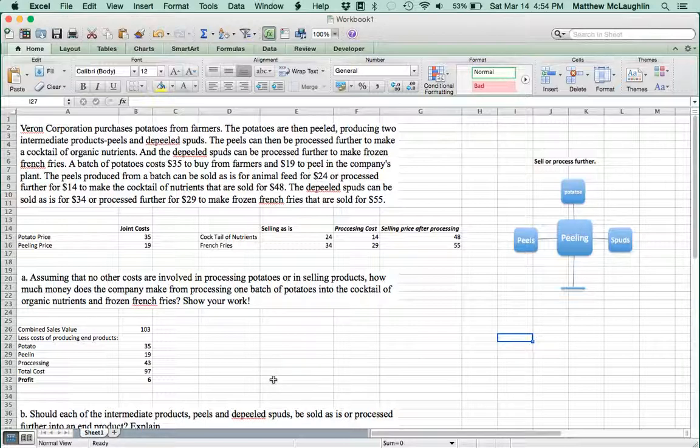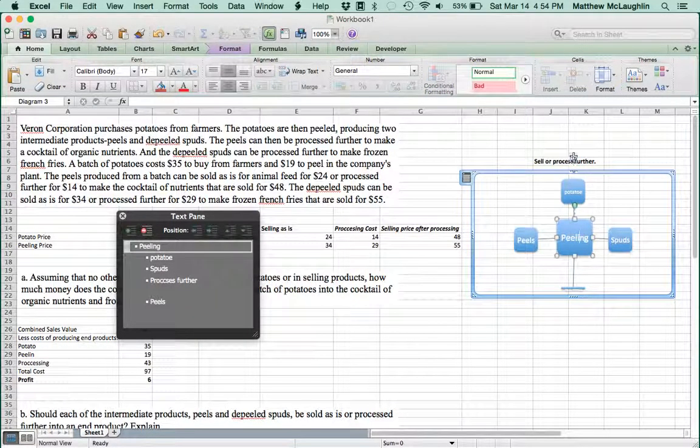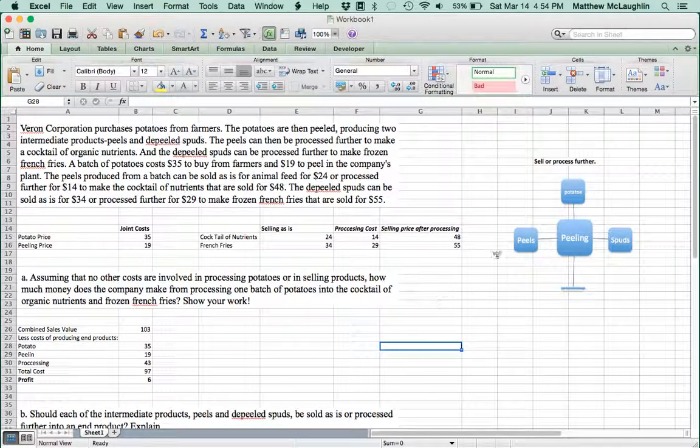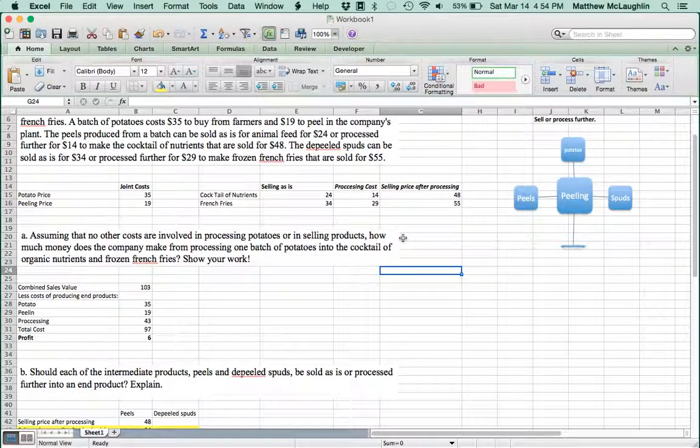We'd be losing money. What's not relevant is the peeling in the potato business, because those are joint costs. Joint costs are incurred no matter what. To get the peels or the spuds, you have to have a potato and you have to peel it. So that's how that works.